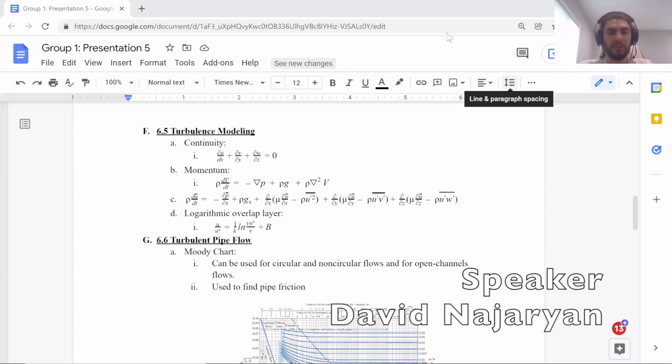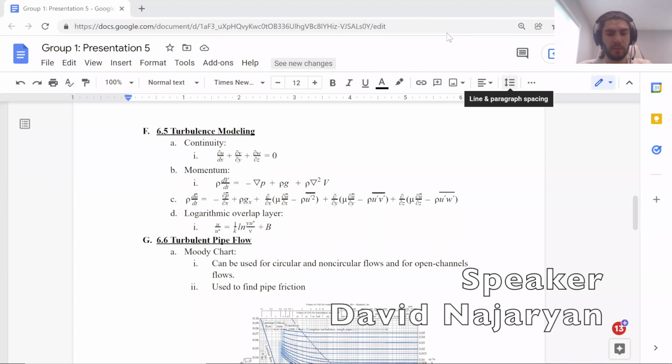Moving on to 6.5, turbulence modeling, we have two assumptions: density is constant, viscosity is constant, and there's no thermal interaction. Therefore, we only have equations for continuity and momentum, where we're generally solving for velocity and pressure with no slip at the wall, and we know the inlet and the outlet conditions.